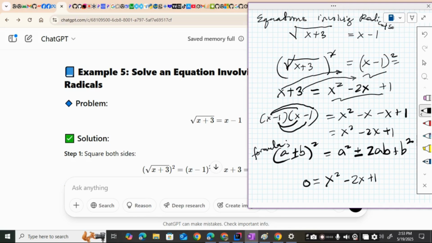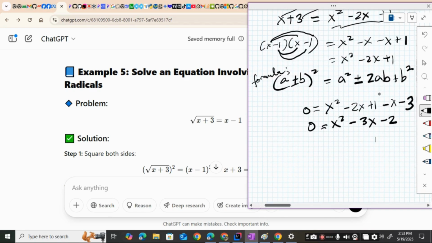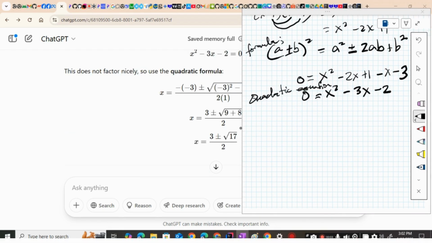Then we transpose that to the other side, so minus x and minus 3. So this reduces now to x squared minus 3x minus 2. And here we can use factoring, completing the square, or the quadratic formula.